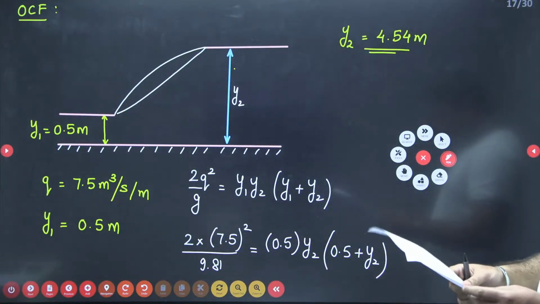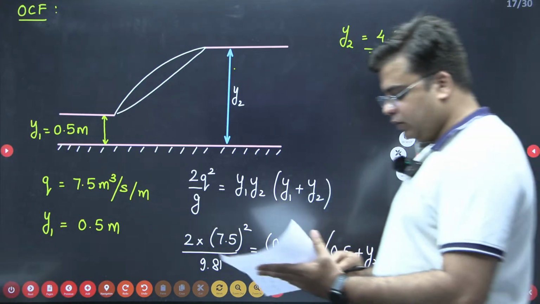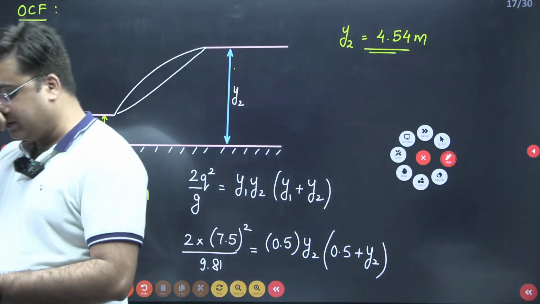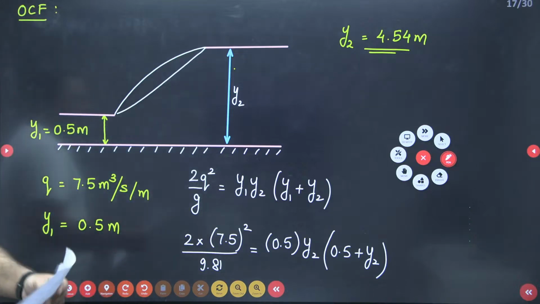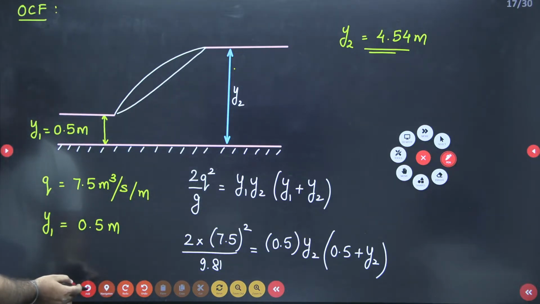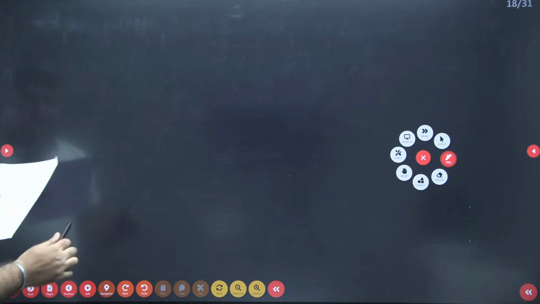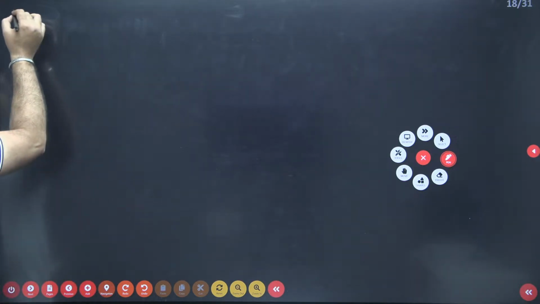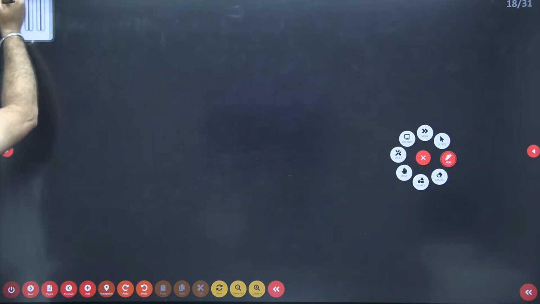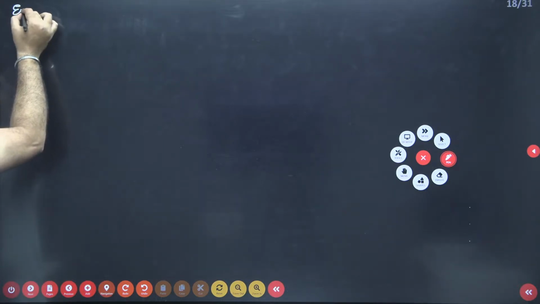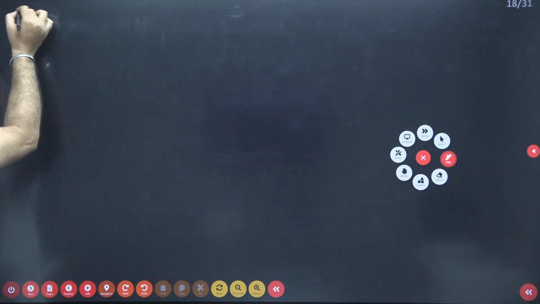Okay. So this is another question from open channel flow. The next question is from construction material management, CPM PERT, and it is from engineering economics.